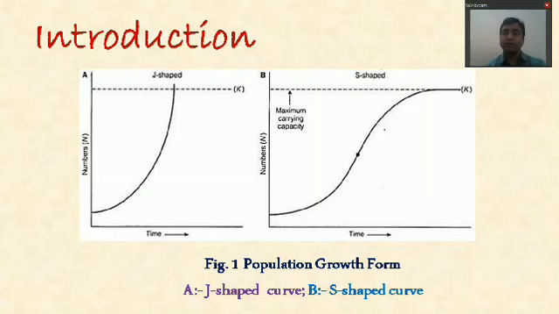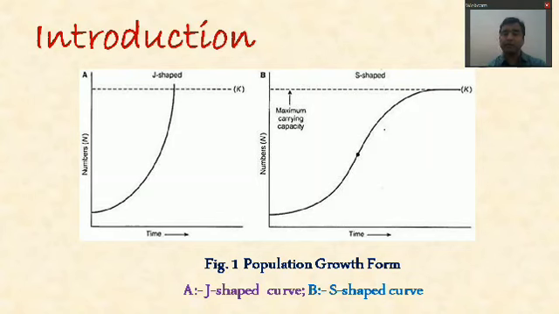So in the J-shaped curve, as the name indicates, it looks like a J, in which sudden or speedy growth in the population occurs, and then that species suddenly vanishes from the habitat. So it is called the J-shaped curve.